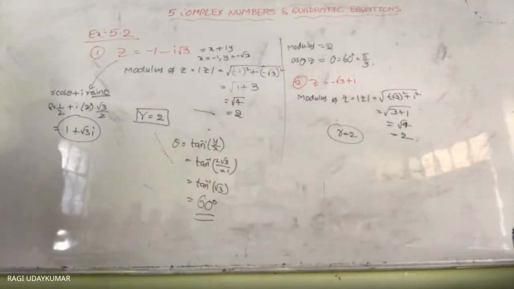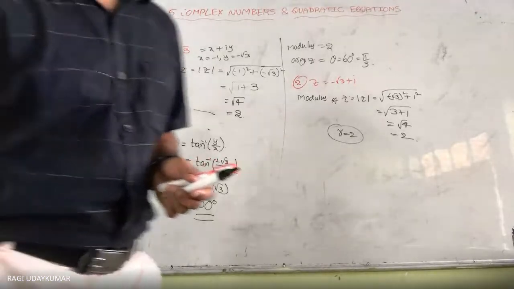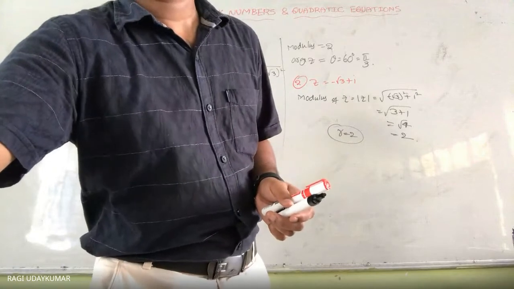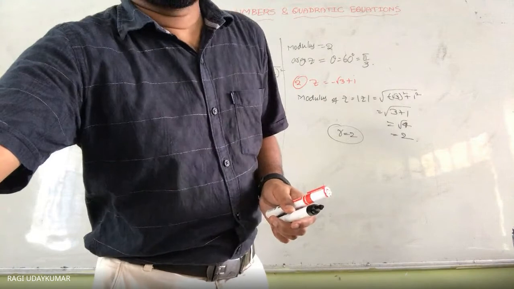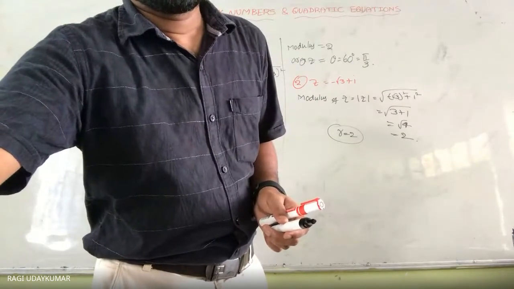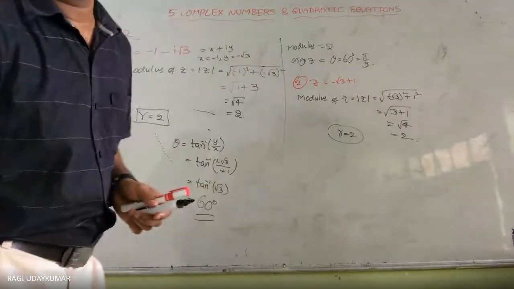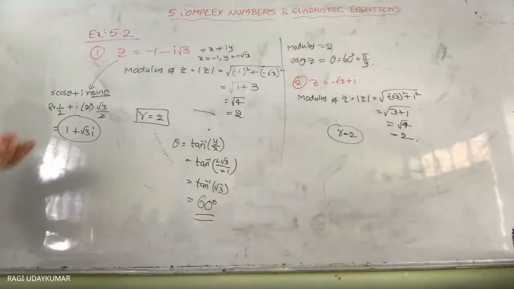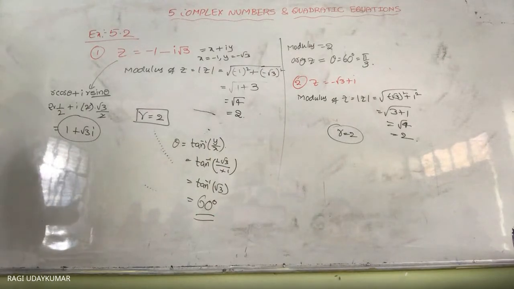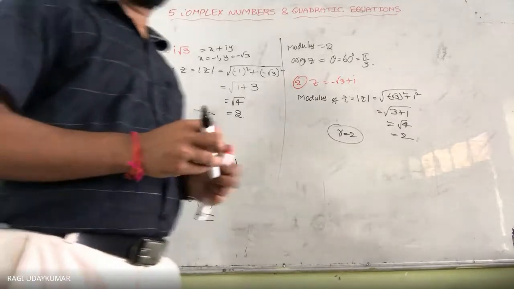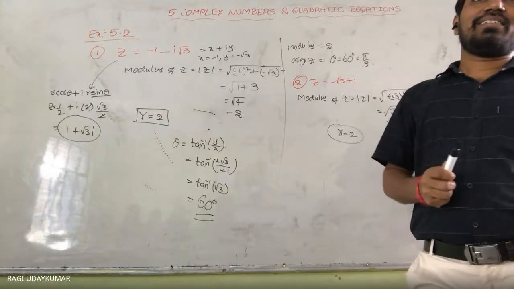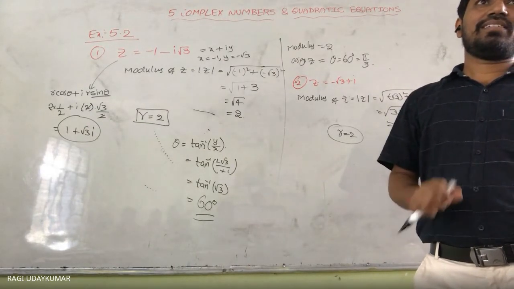Identify where we made the mistake. Where is the mistake? Cos 60 degrees is 1/2. Yes, say.